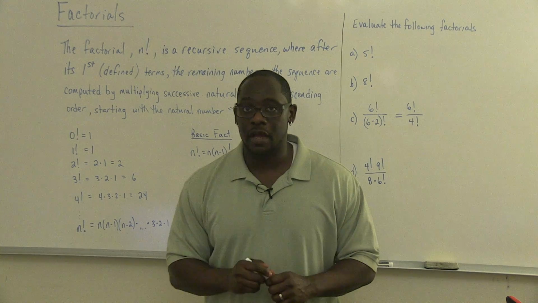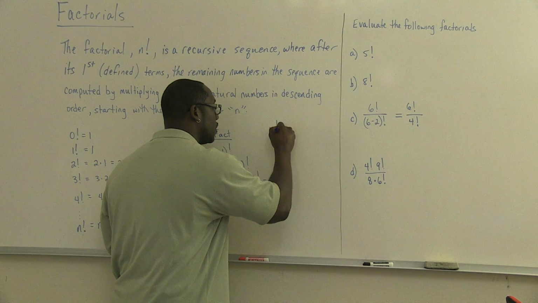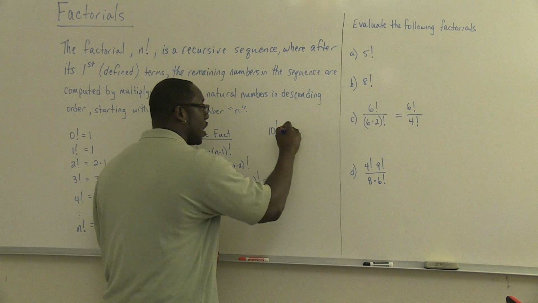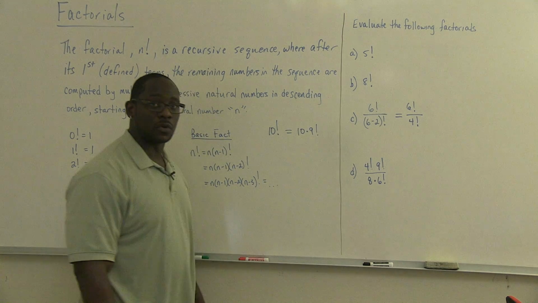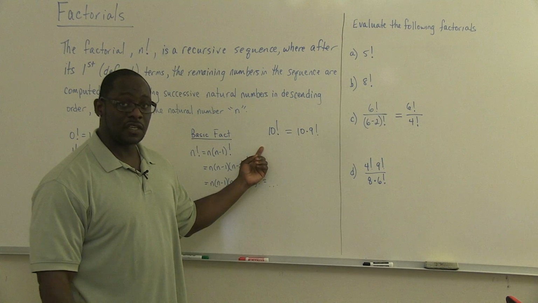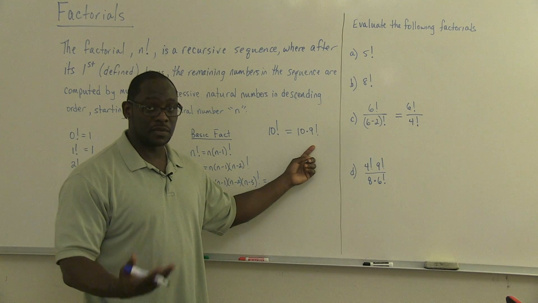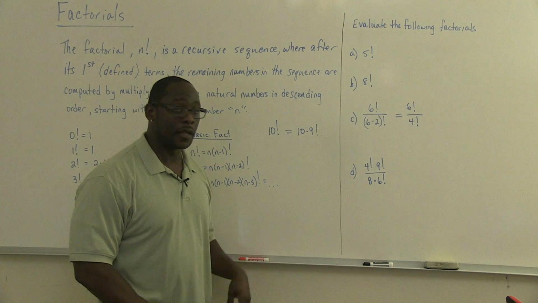To give you a quick example, let's say we wanted to know what 10 factorial is. We could alternatively write 10 factorial as 10 times 9 factorial. And we know that's the same as 10 factorial because 9 factorial is just 9 times 8 times 7 times 6 times 5 times 4 times 3 times 2 times 1.